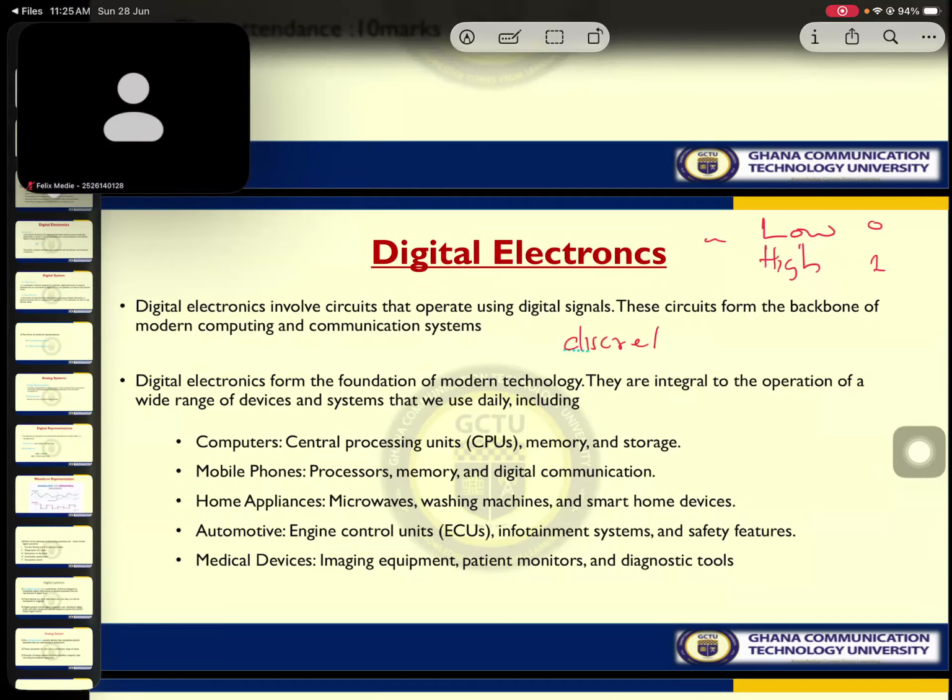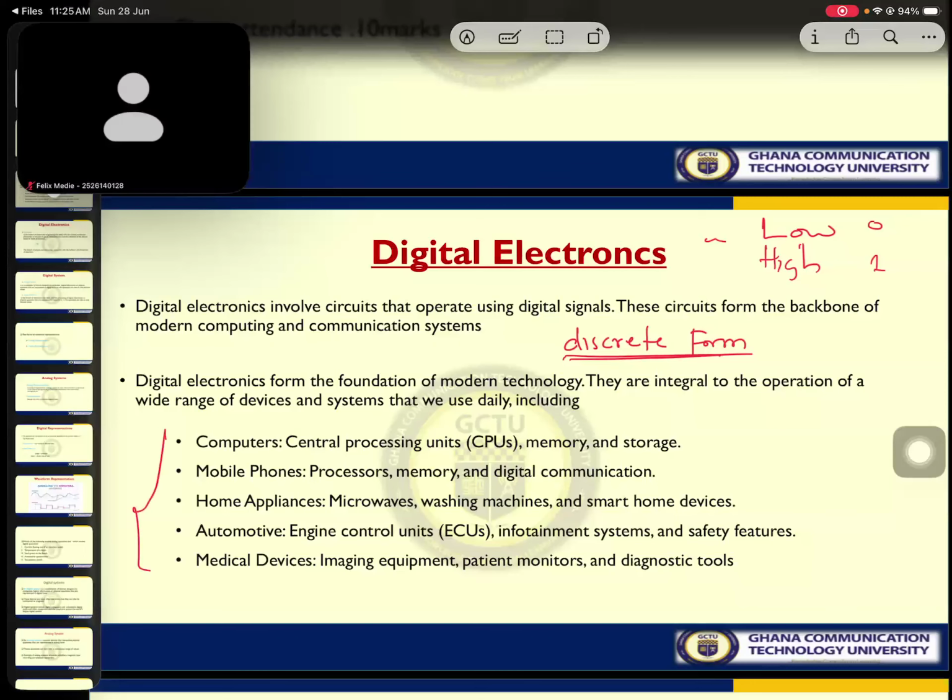We can say that digital electronics is a branch of electronics that deals with processing of information that is represented in discrete values.